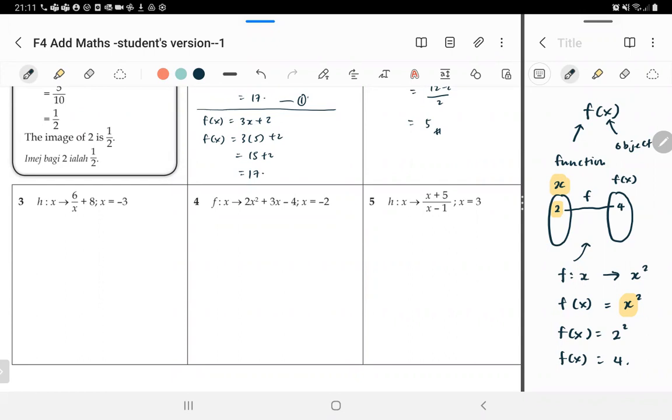You can use your calculator to help you to calculate. Form 4, Form 5, you need to be very good with your calculator.